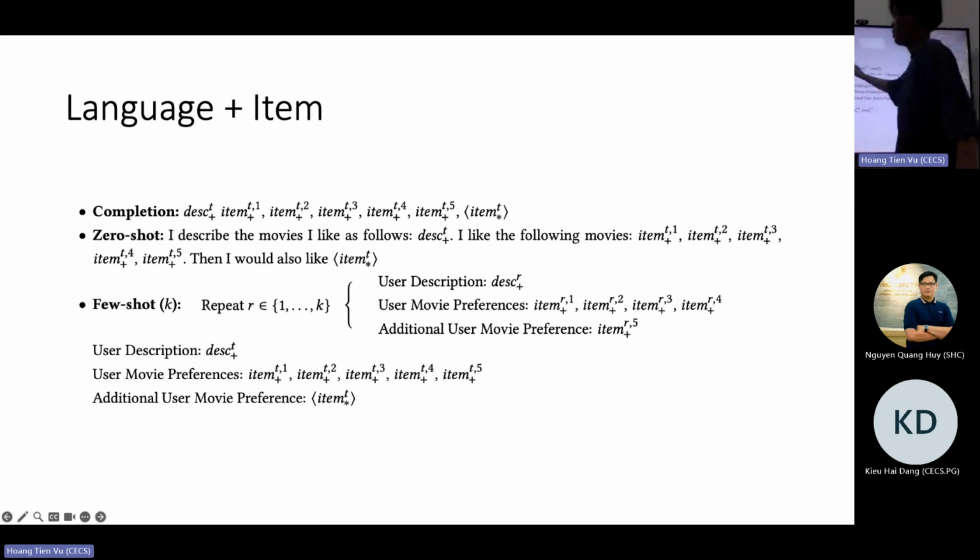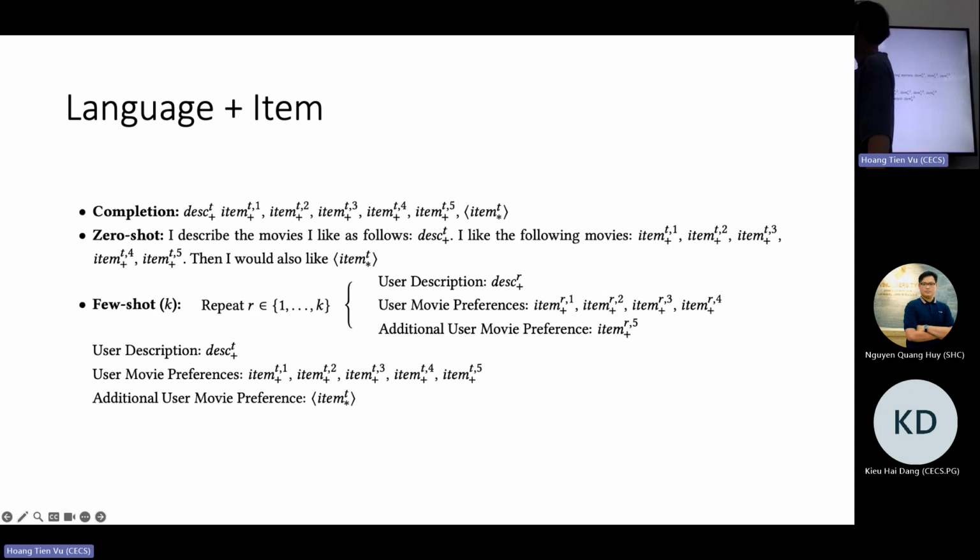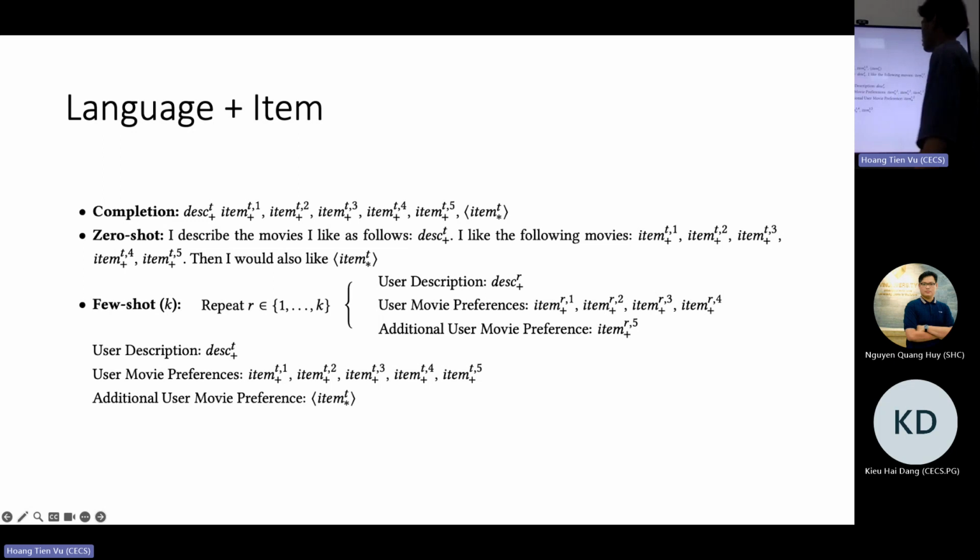For example, we provide a description about the general kind of movie the user will like, and additionally five special tokens for the liked items of an arbitrary user, and we predict potential movies that the user will like.